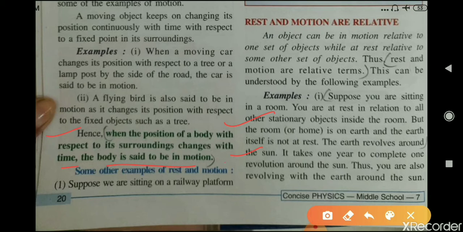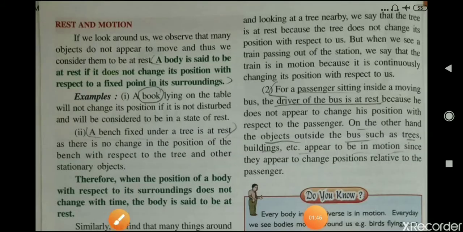Now, some other example we will see of rest and motion. Suppose we are sitting on a railway platform and looking at a tree nearby. We say that the tree is at rest because the tree does not change its position with respect to us. But when we see a train passing out of the station, we say that the train is in motion because it is continuously changing its position with respect to us, as we are sitting on a platform.